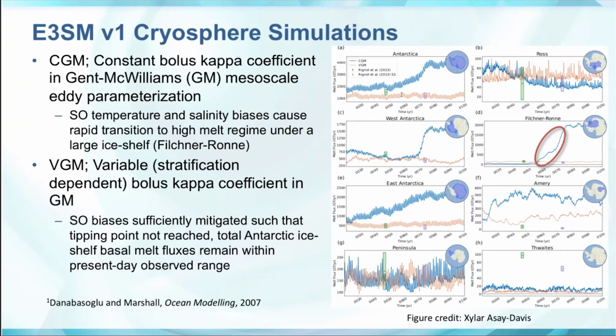If we look at the total pan-Antarctic ice shelf basal melt flux, we'll see that these remain within bounds of current observational estimates, which are these green and purple boxes here. The time slices are arbitrary since these are present day estimates compared against a pre-industrial forced simulation, but just to give an idea that we were able to achieve some stability there.